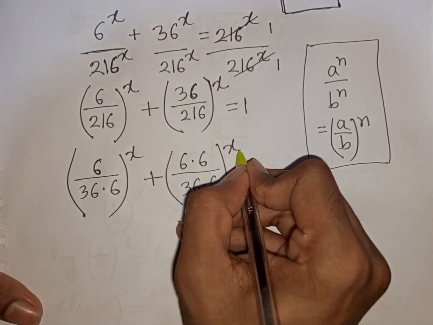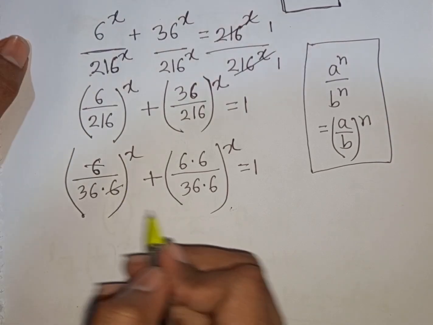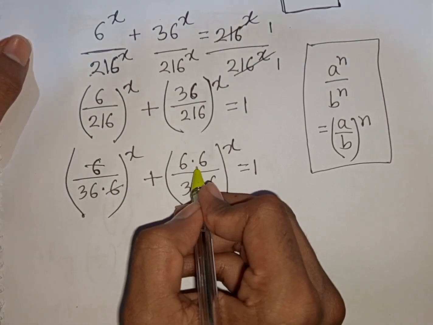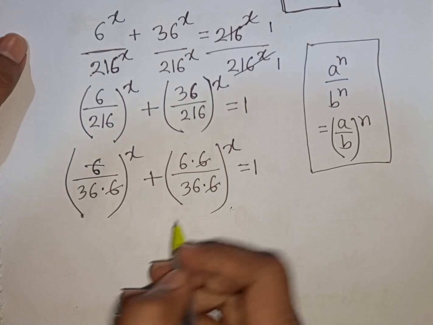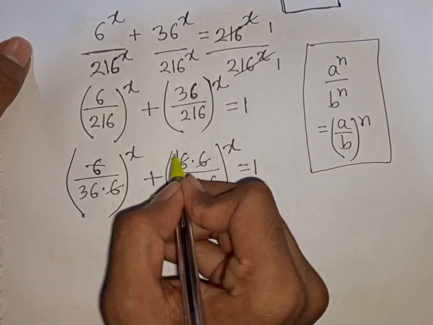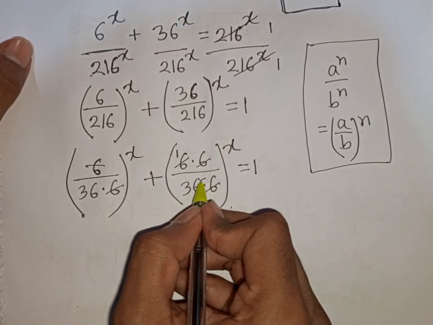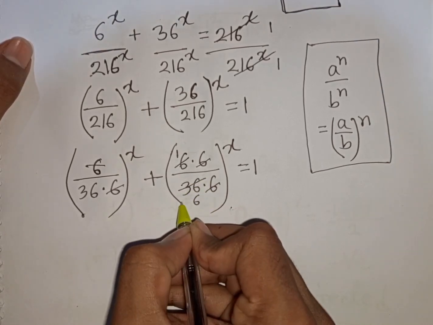Now we see this 6 will be cancelled. Now this 6 will be cancelled. This 6 divided by 6, that means 1. This 36 divided by 6, that means it will be 6.